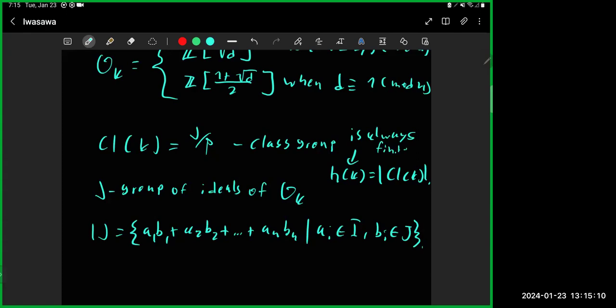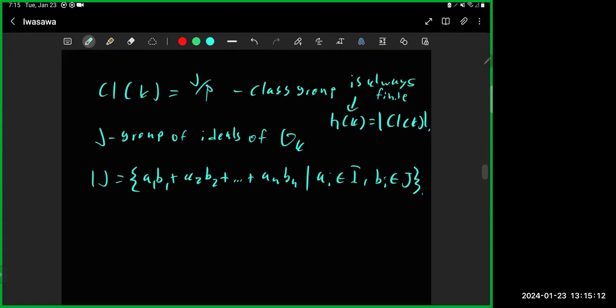If you want some keywords to describe why we have this nice structure on J, it's because O of K is something called a Dedekind domain, which has nice properties that allow us to show that the J's form a group. We won't show this, but it's known that within Dedekind domains, specifically within O of K, the ideals can be uniquely factorized into prime ideals.